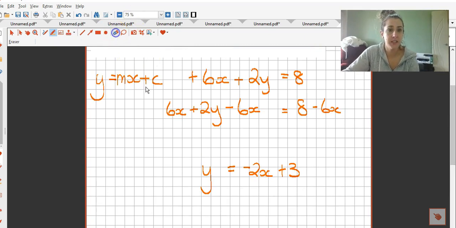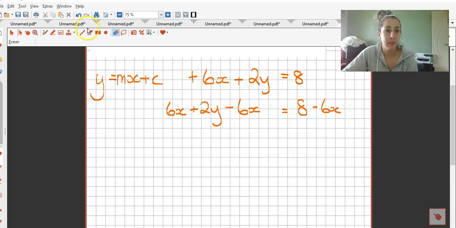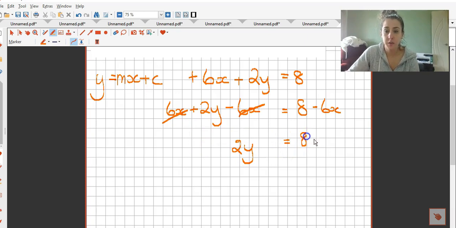So then these cancel out, and I'm left with 2y is equal to 8 minus 6x.